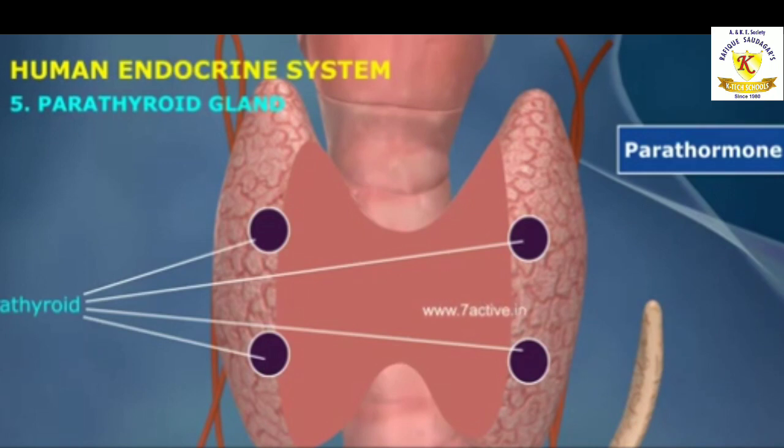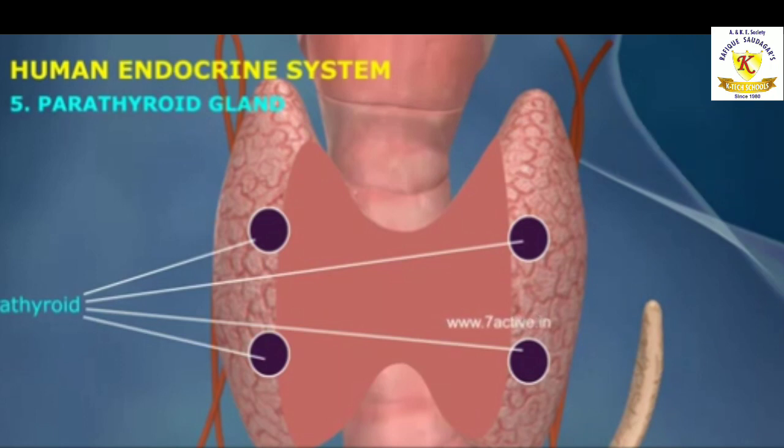The hormone maintains optimum level of blood calcium and phosphorus by reducing their excretion and mobilization from bones when required. Parathyroid hormone increases the calcium level in the body. It acts on the bones and stimulates the process of bone resorption.